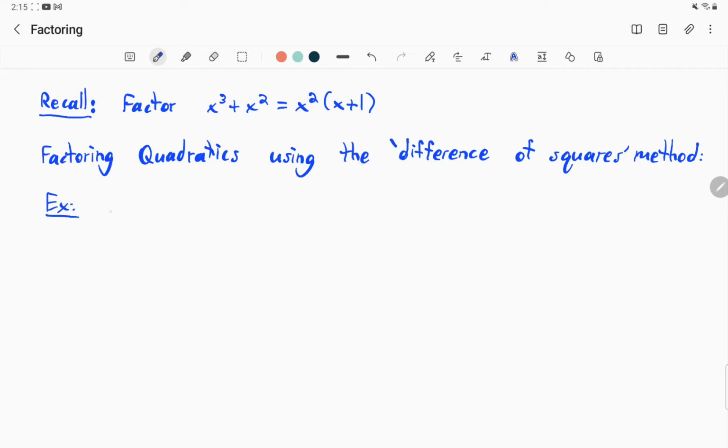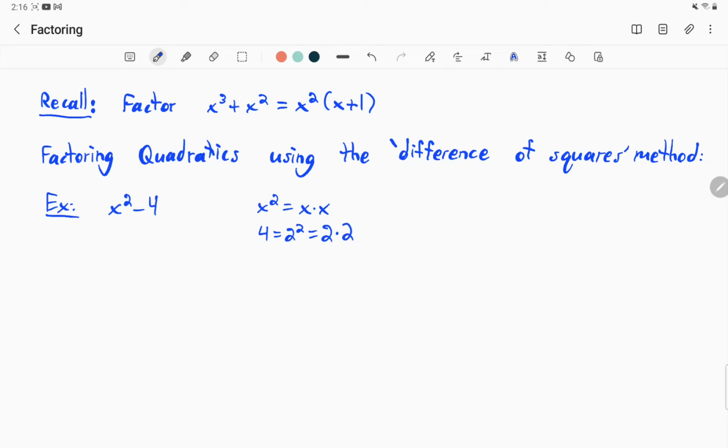If you have a quadratic that's like x squared minus 4. Well, x squared is a square, right? x squared equals x times x. And 4 is also a square because 4 is 2 squared, 2 times 2.